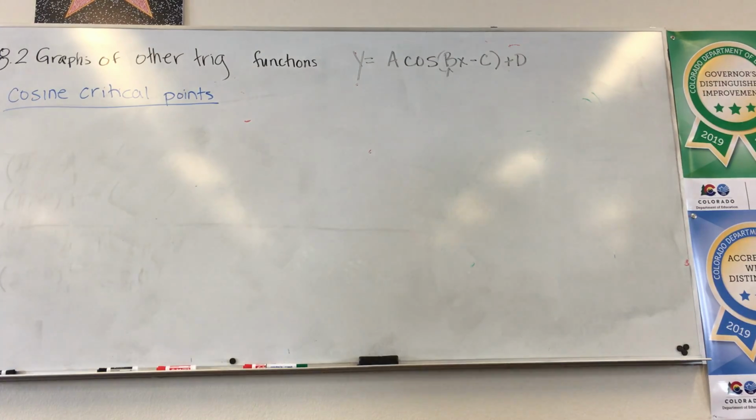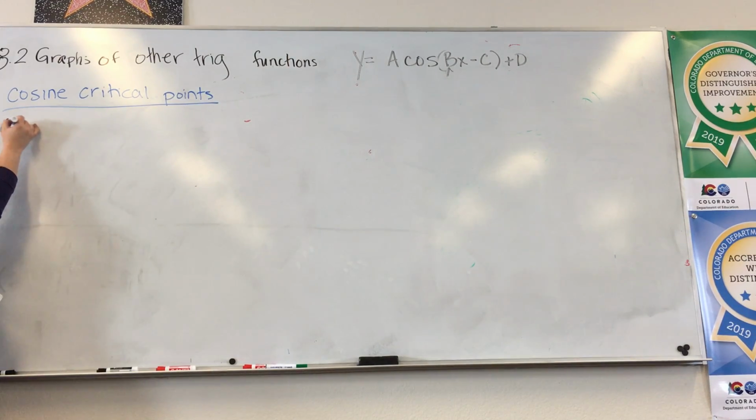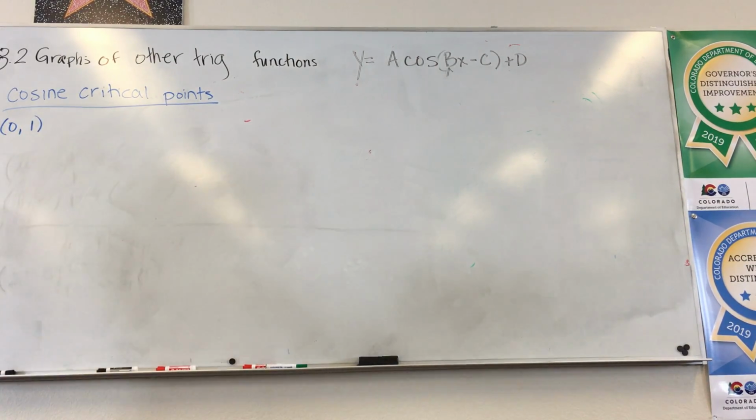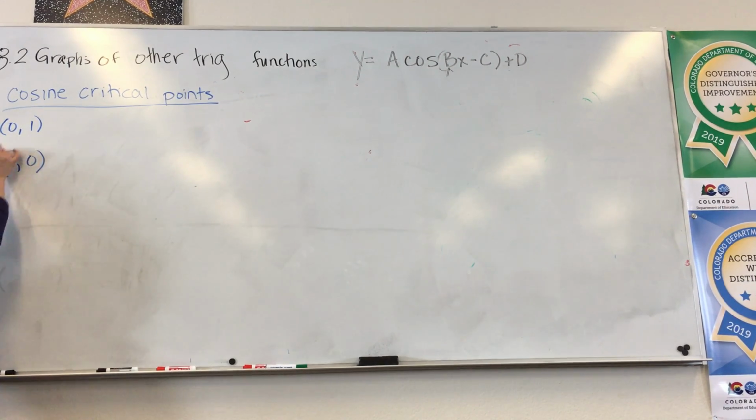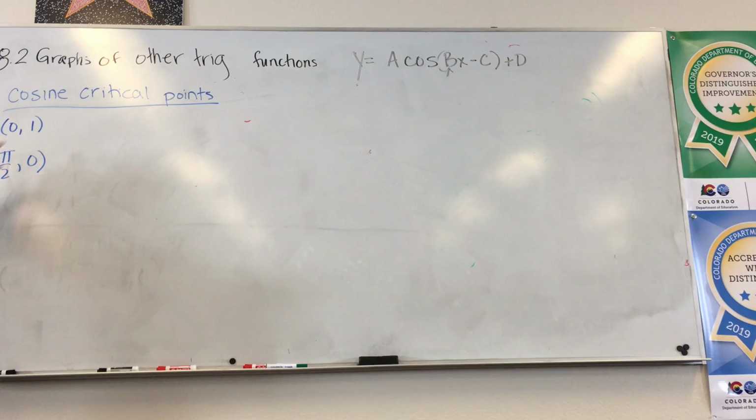Okay, so critical points are like where something important happens, right? So on the cosine, (0, 1) is a critical point. Pi halves and 0 is a critical point, because this is a max, this is a 0.